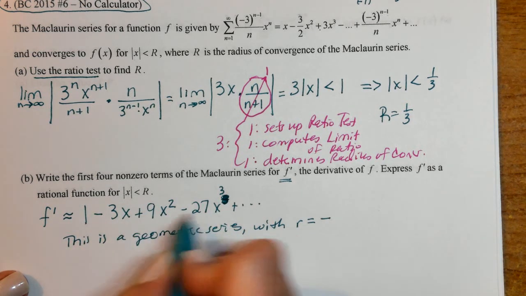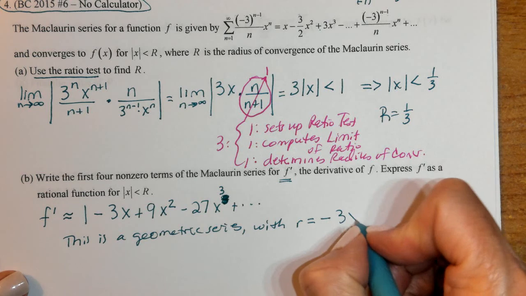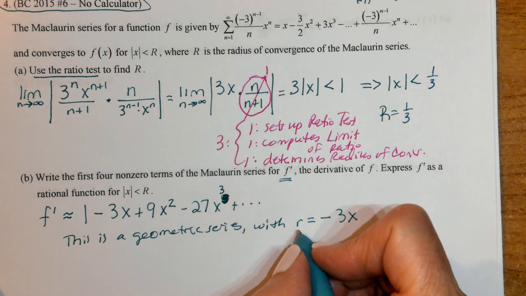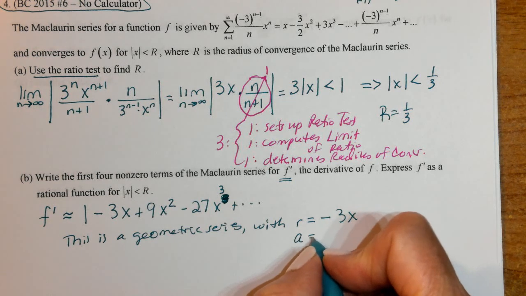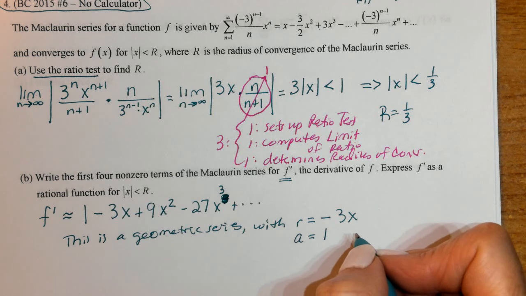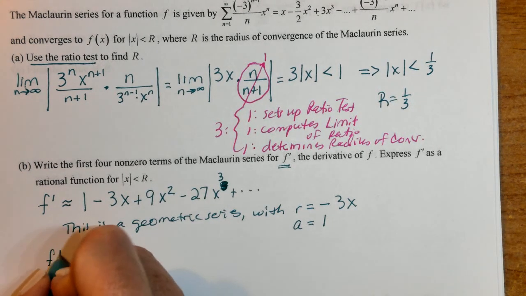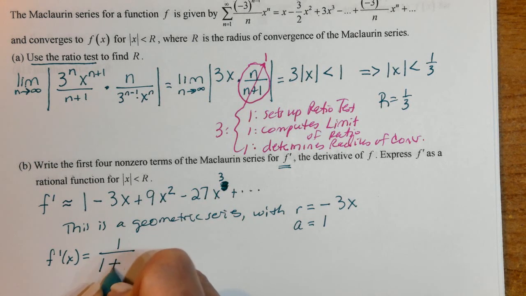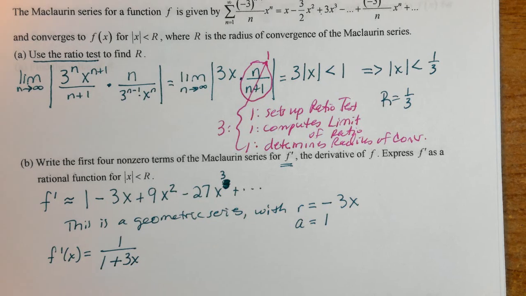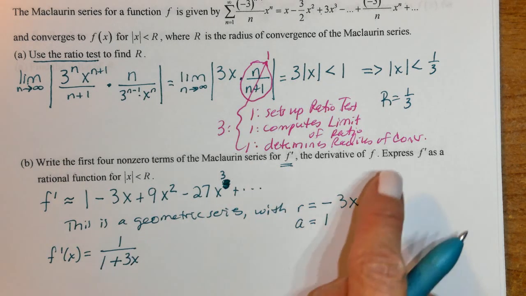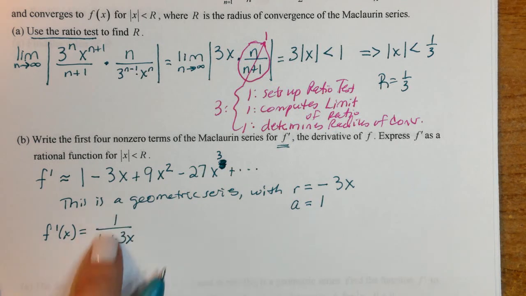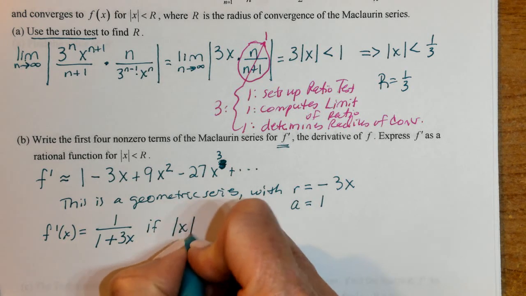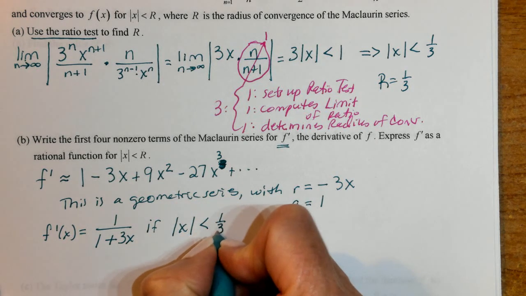I know it's negative because we're alternating signs, because each time we're multiplying by a negative 3x. Okay? And the first term is 1, so the function must be 1 over 1 minus a negative 3x. Must be. So this is f prime as a rational function if the absolute value of x is less than 1/3.